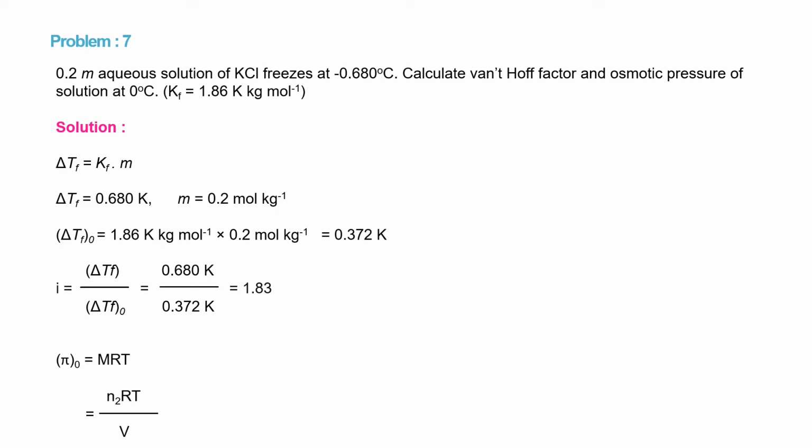If you convert 0 into Kelvin, that is 273, and for the solution 273 minus 0.680, so the 273 cancels, and your answer is 0.680 Kelvin.